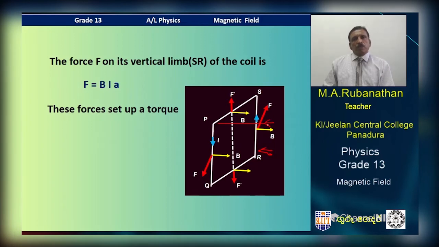Here the current is coming in the downward direction, P to Q. Take the left hand and put the first finger in the direction of the magnetic field and the second finger in the direction of the current, and the thumb denotes the direction of the force.